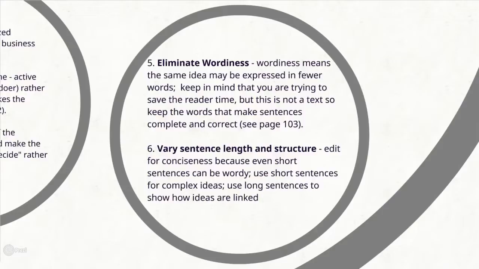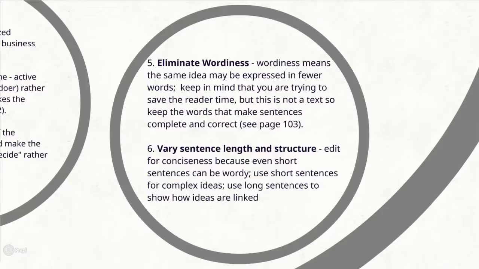So again, part of what we're typically doing in a professional document is trying to inform our reader about an idea or an issue or a problem. And so to get a complex point across, usually it's best to say it in sort of short snippets that are clear. And then you use longer sentences to show how ideas are related, to link ideas.